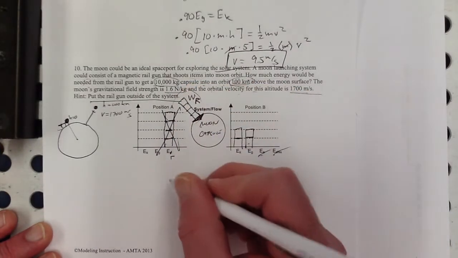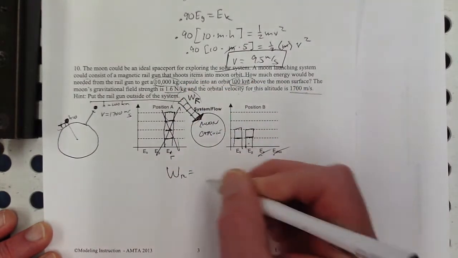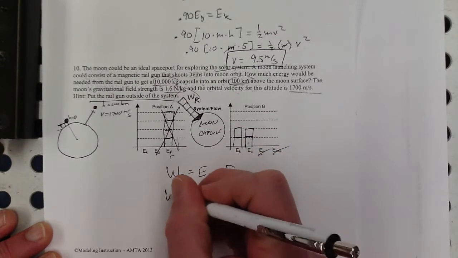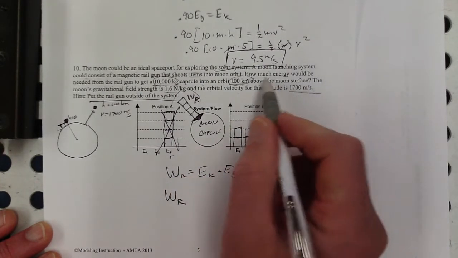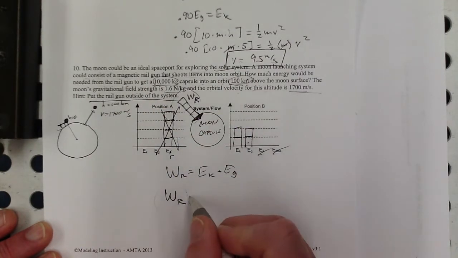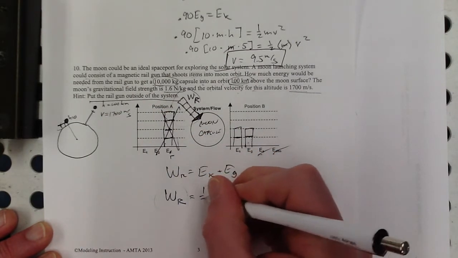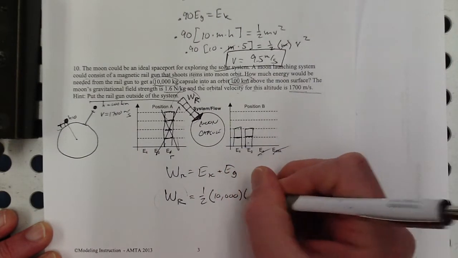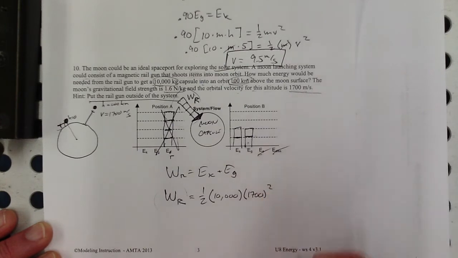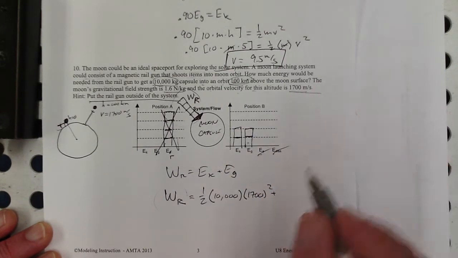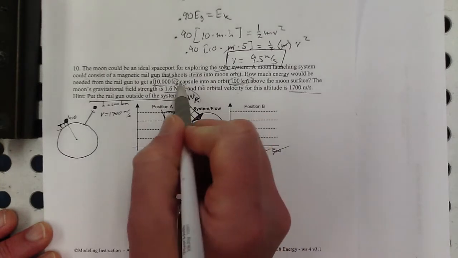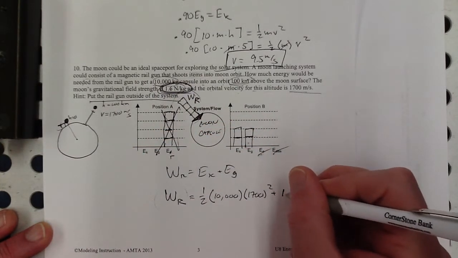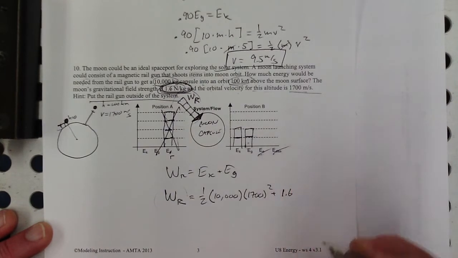So the work done by the railgun is equal to EK plus EG. And we're trying to figure out how much energy, so we're trying to solve for that. So EK is 1/2 the mass of the capsule times its velocity squared, plus, instead of 10 times m times h, the 10 is not 10 on the moon, it's 1.6. So that's a little tricky thing you've got to remember to do there.